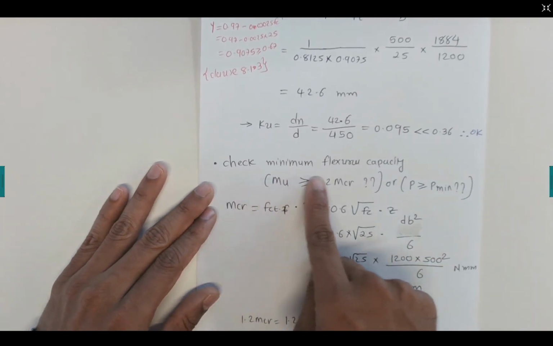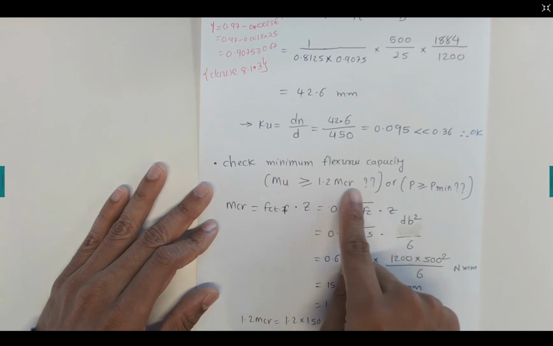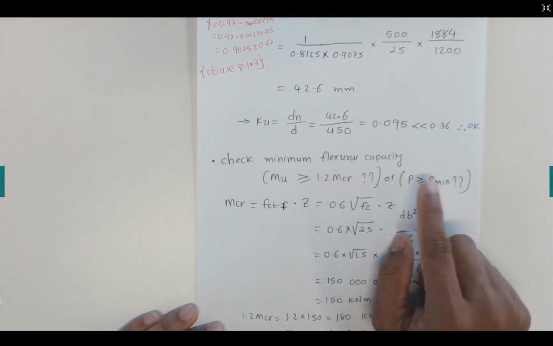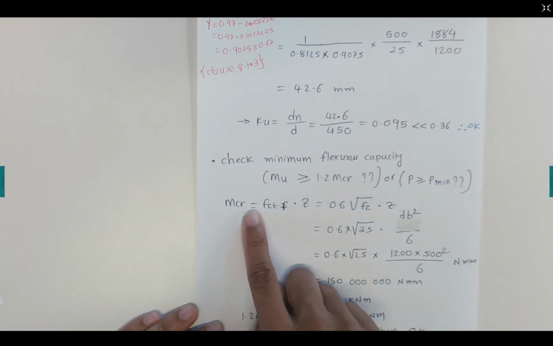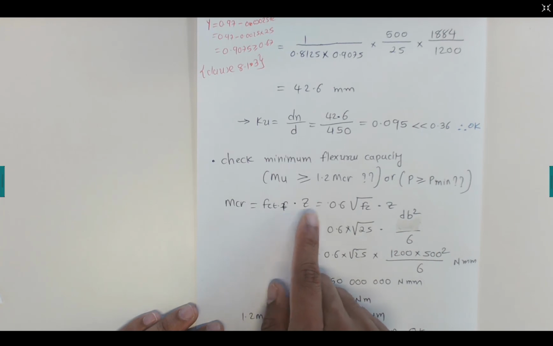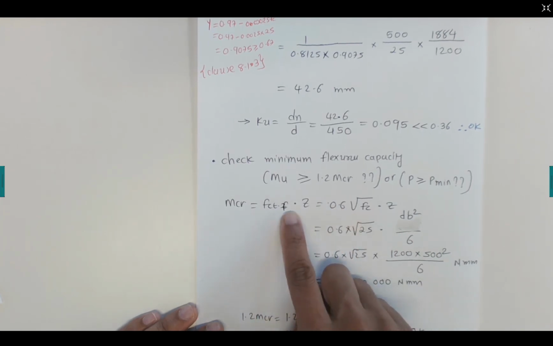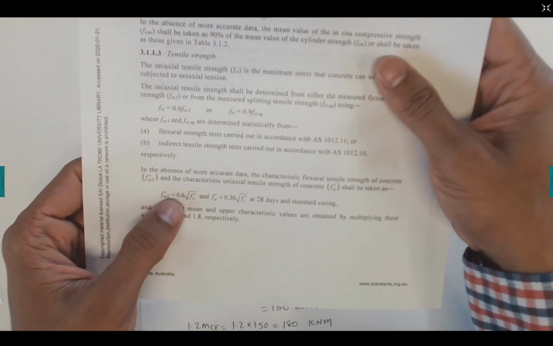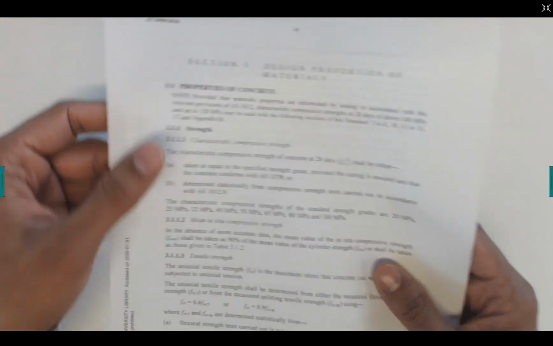Now we need to check the minimum flexural capacity, so phi Mu should be greater than 1.2 Mcr, or the reinforcement should be greater than the minimum reinforcement. The cracking moment is f'ct.f times Z. This equation is given in the Australian standard to calculate f'ct.f: it is 0.6 root f'c, in clause 3.1.1.3 on page number 44.